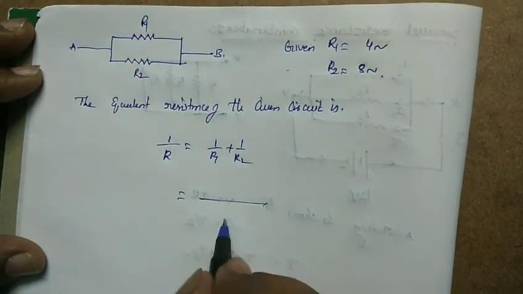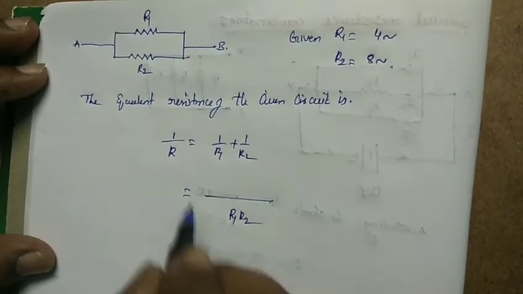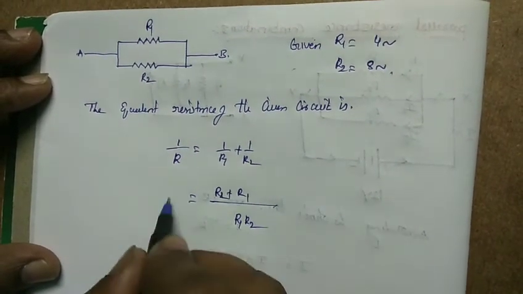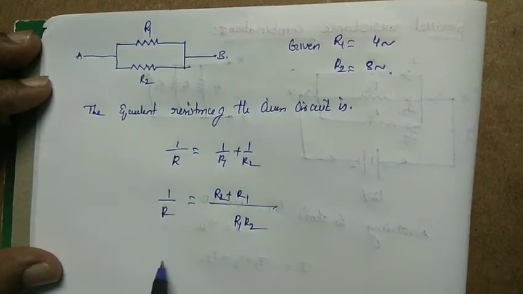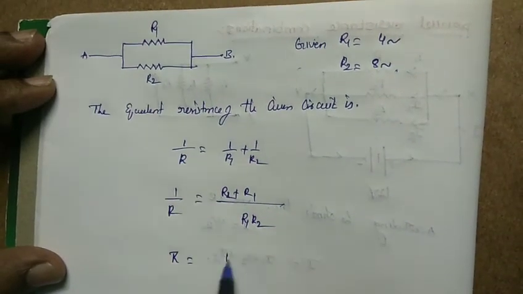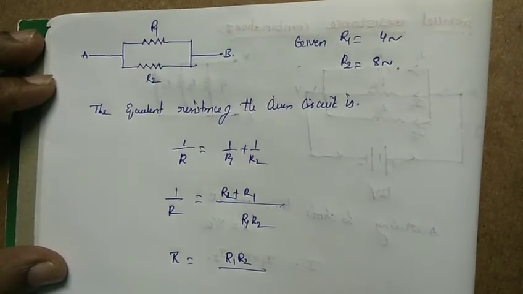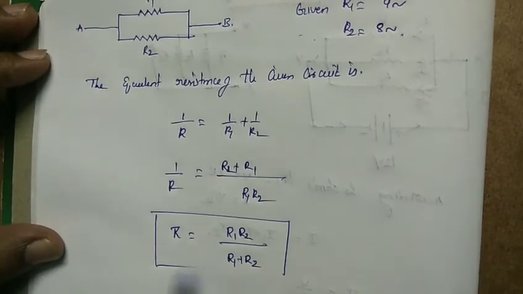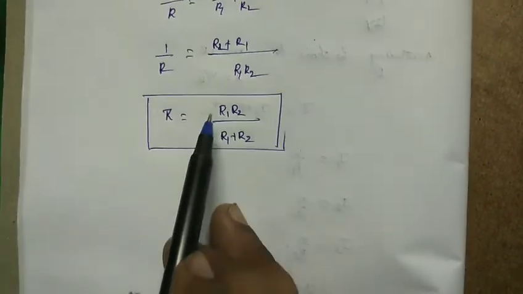That means R2 plus R1 by R1 R2 is 1 by R. So we get R equals R1 R2 by R1 plus R2. So we can find the equivalent resistance with this formula.